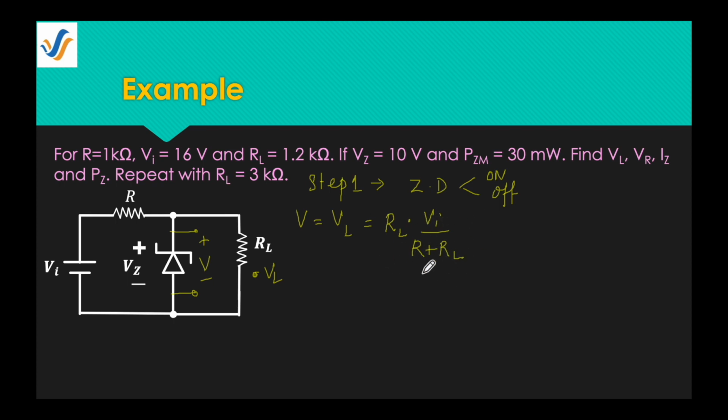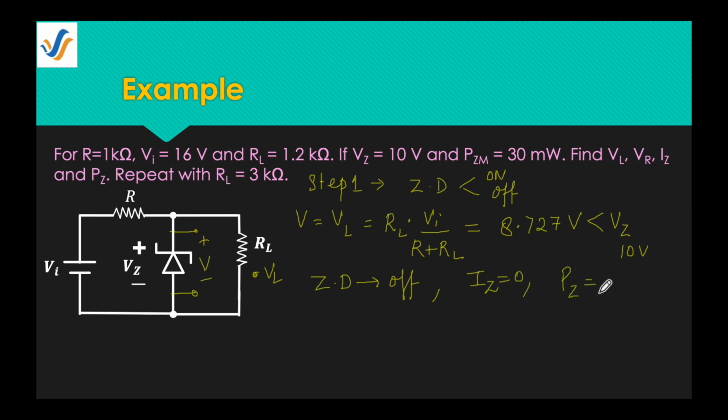Putting the values of RL, R and VI, this voltage drop will be 8.727. And now this voltage drop is less than the specified Zener voltage, which is 10 volt, which means that the Zener diode is off. It is not active, and the current passing through it will also be 0.